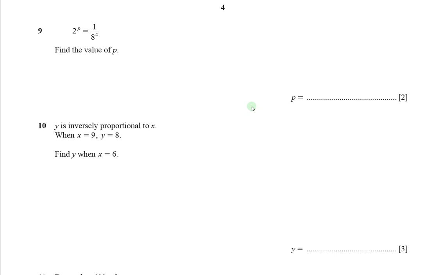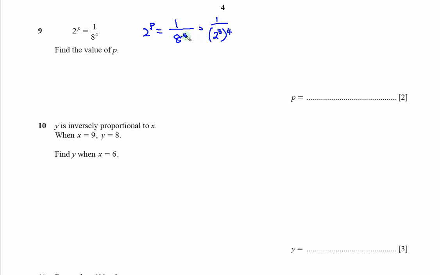Okay, how do you solve this? The next question. You want to find the value of P. So 2^P equals 1 over 8 to the power of 4. Now what you have to do is the base for P is 2, so try to convert this 8 which is the base to 2 also. So this 1 over 8 is actually converted to 2 to the power of minus 3.